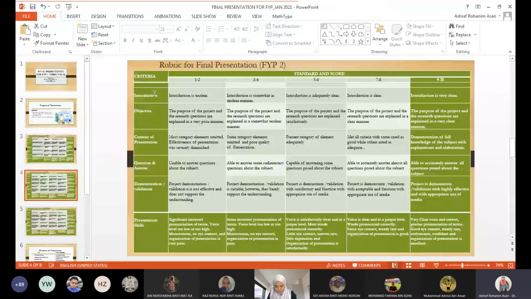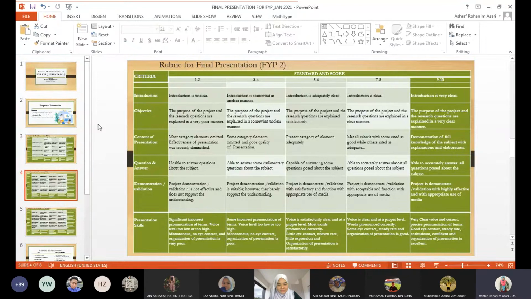The demonstration depends on the software you use. For example, an IL student has no prototype but uses software, so you can play around with your software, get your data from in vivo, and maybe analyze it using SPSS. You can show those modern tools, the software mentioned earlier, so the panel does not think you made up a story without knowing the software in your slides. That earns a point. And of course presentation skill, which will be presented by Madam Nurul later.